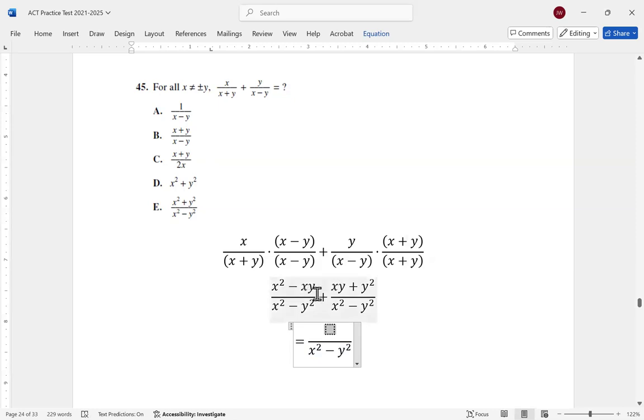Notice that the minus xy and the plus xy will cancel each other out. So we'll just be left with x squared plus y squared divided by quantity x squared minus y squared. And that is option E. So option E is the correct answer for question 45.